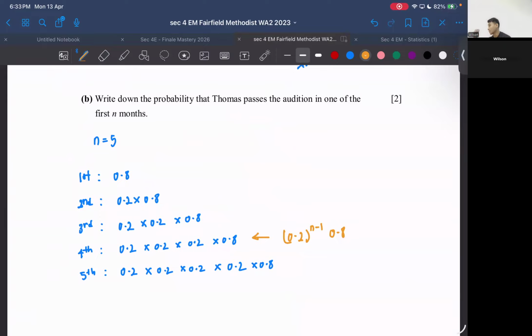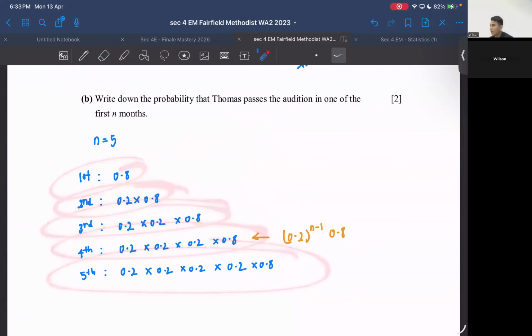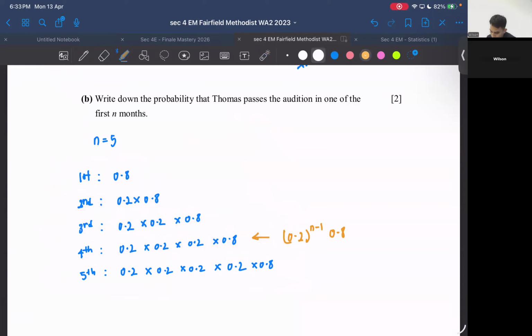Right? We are looking at a specific month. Now, if I want to find out this plus this plus this plus this plus this over here, can I rephrase the question? I want to find out the probability that Thomas passes the audition in at least one of the first n months over here.